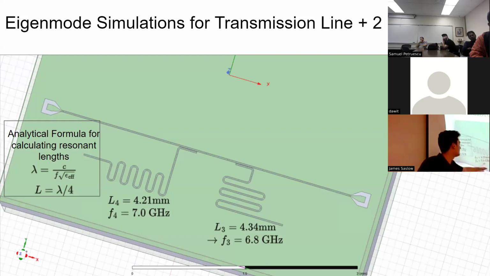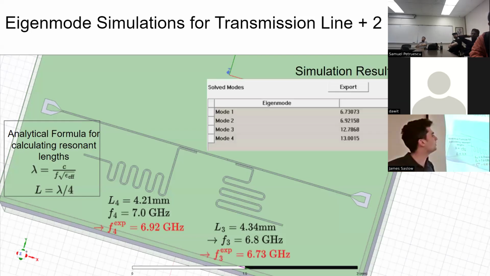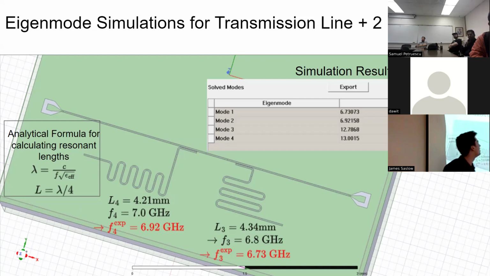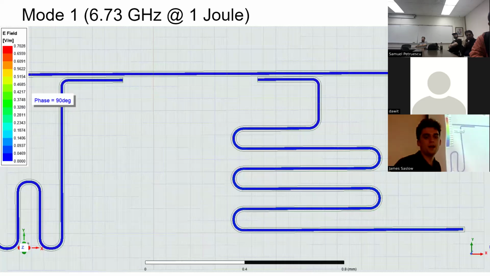So resonator 4 has 7 gigahertz, resonator 3 has 6.8 gigahertz. And we can run eigenmode simulations to see different modes. So my simulation tells me, okay, I have my first 4 modes at these frequencies, and I can look more thoroughly to see how the energy is stored in each mode.